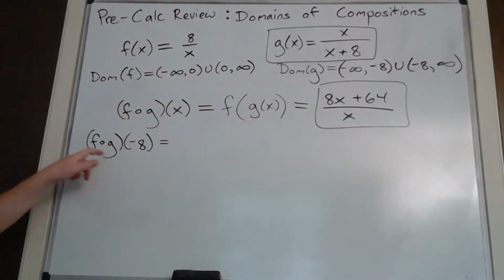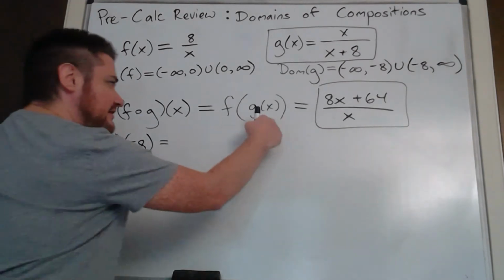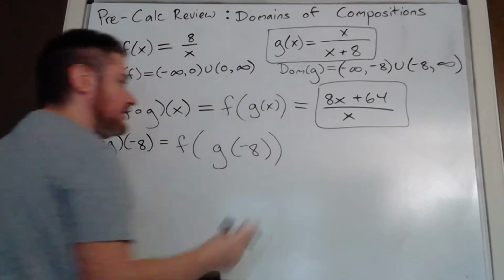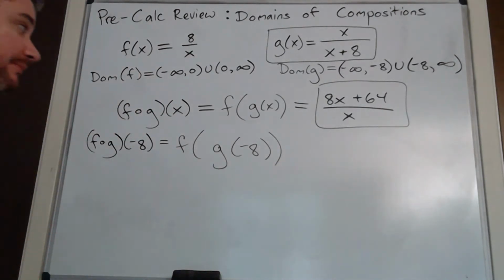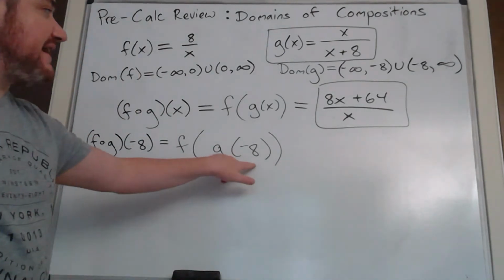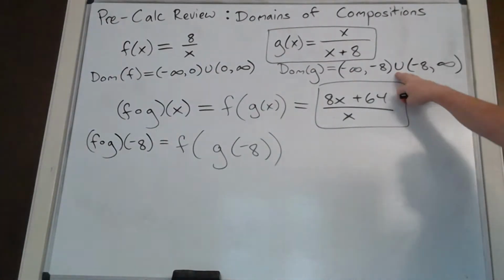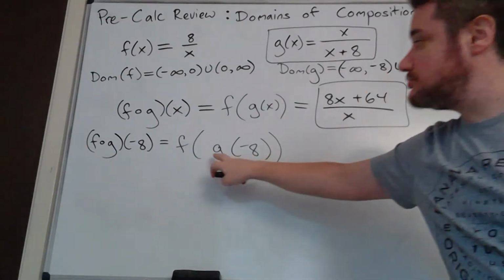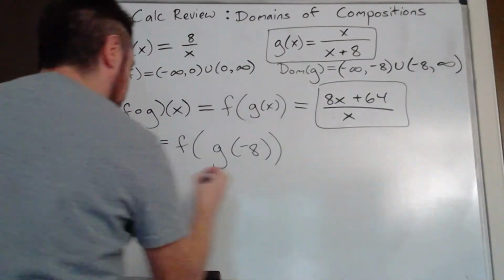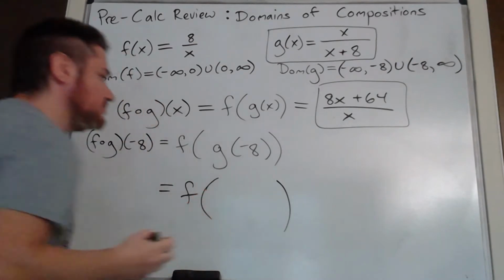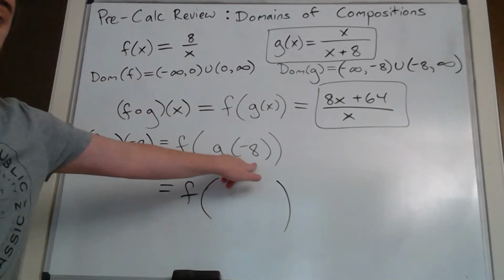And so what you might see is f composed with g of negative 8 is really f of g of negative 8. And that's a problem, because g of negative 8 doesn't exist. We argued what the domain was earlier, that it did not include negative 8. If you try to do g of negative 8, what you're trying to do now is f of, so again, this is the two-step process. The first step is evaluating this.